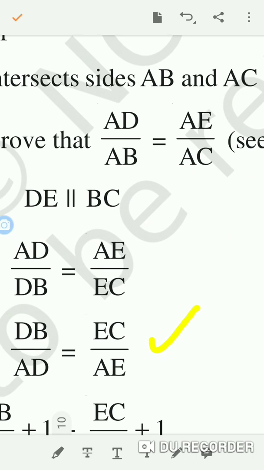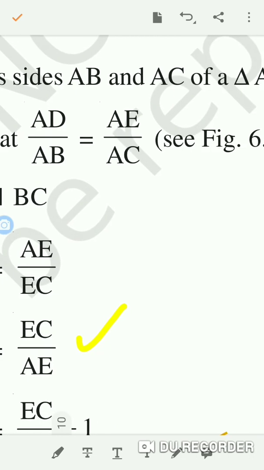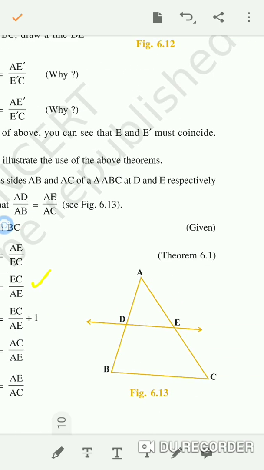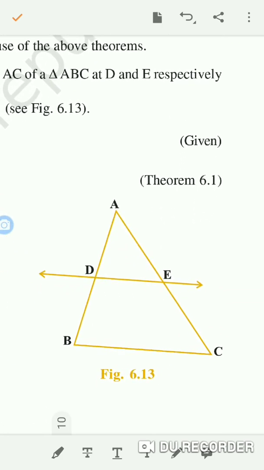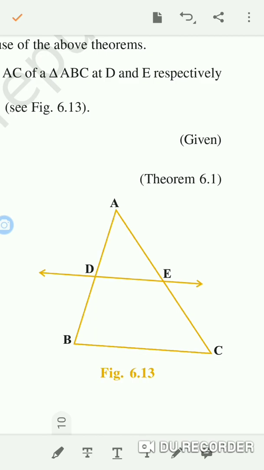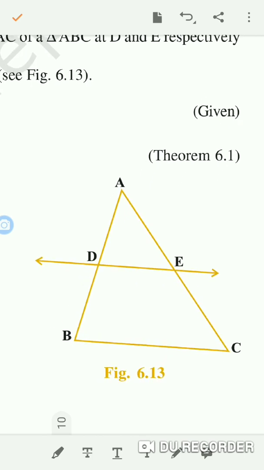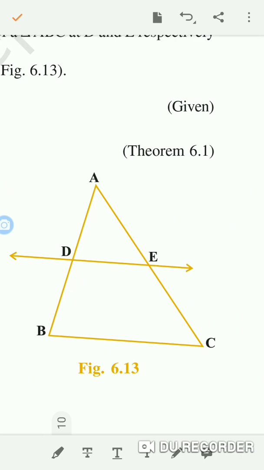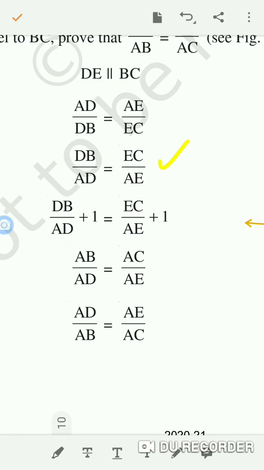Okay. So what was our target? AD upon AB is equal to AE upon AC. That we have to prove. Okay. So what we did here, based on the basic proportionality theorem, at first we applied AD upon DB is equal to AE upon EC, and then we did the invertendo, DB upon AD is equal to CE upon AE, and then we added 1 in both sides, and we reached the step AB upon AD is equal to AC upon AE, and then we again did invertendo.